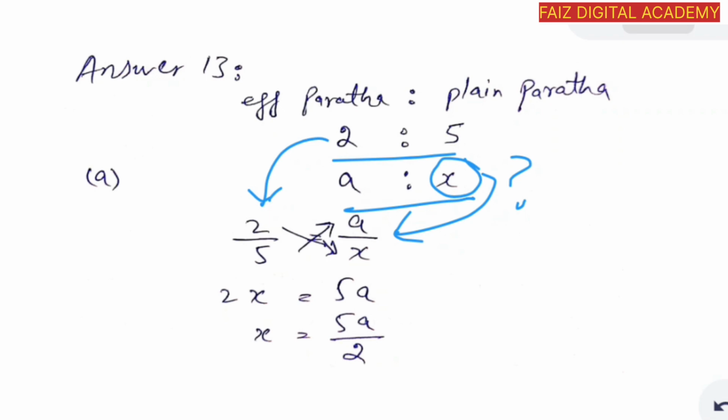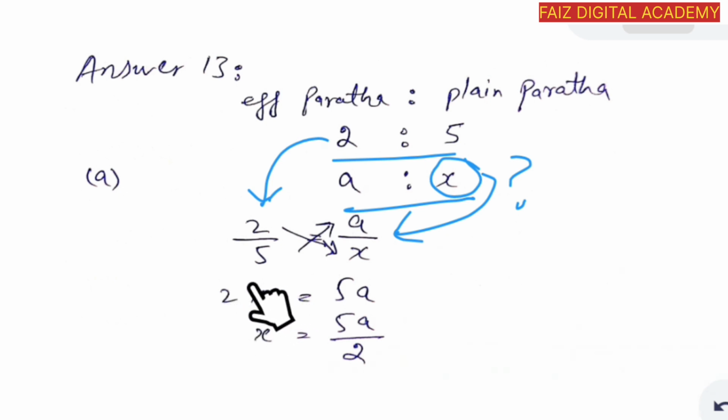So both of these fractions are equal, so we write 2 over 5 equal to a over x. Then we cross multiply them, because now we have to find the value of x. 2 multiplied by x gives 2x, and 5 multiplied by a gives 5a.